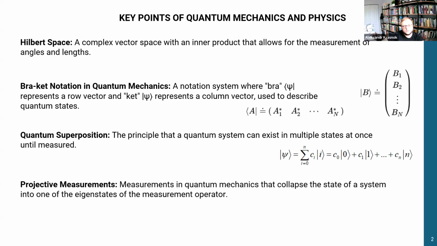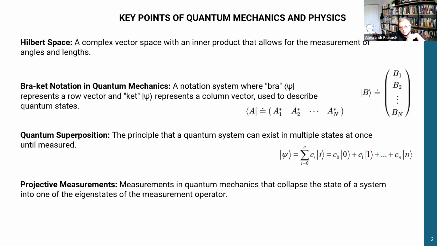The next point we discussed last time was projective measurements. Our system is represented by a vector in a Hilbert space. What happens to this vector when we measure the system? The vector collapses to one of the basis vectors, 0, 1, and so on. So it basically becomes parallel to one of these basis vectors. Which vector, we don't know. It's totally arbitrary, probabilistic.